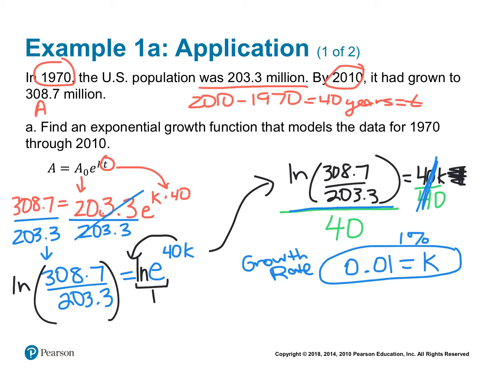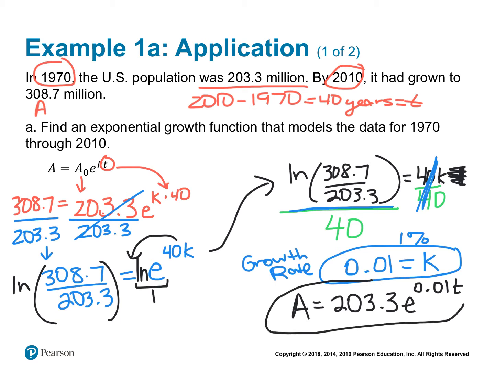So now our exponential growth function that we can apply to any situation is that our ending amount A is going to be the starting amount 203.3 times e to our constant 0.01 times your amount of time. So we will look at how this helps us on the next slide.